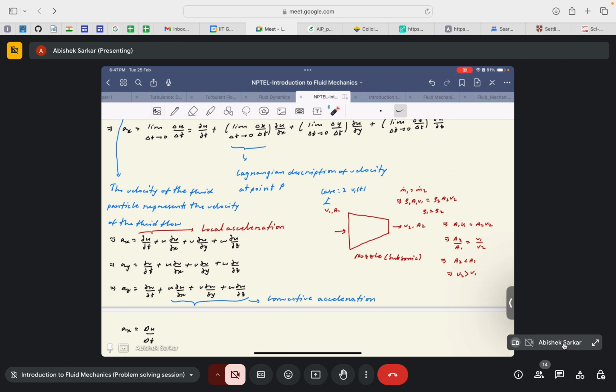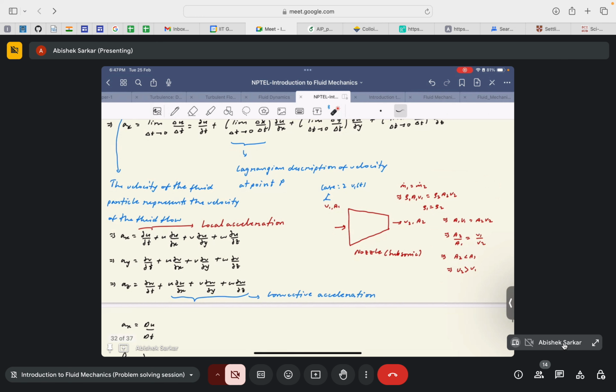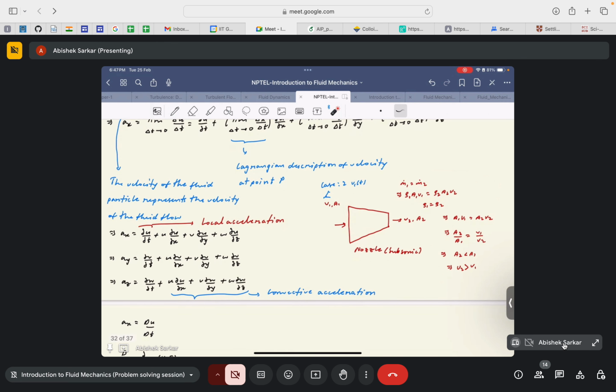So again there will be a corresponding increase in the velocity at the outlet, but the velocity at the outlet will always be greater than the velocity at the inlet. Why? Because first of all, the acceleration in case 2 is because of the change in velocity with time, that is attributed by this one, but also because of this converging portion, the velocity increases, or the acceleration occurs because of the spatial gradients.